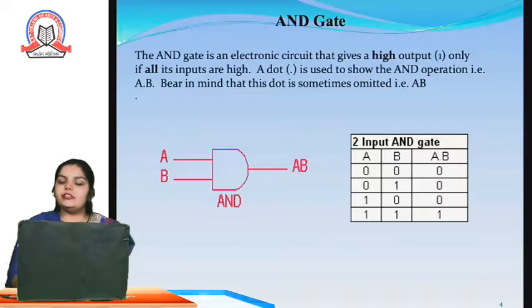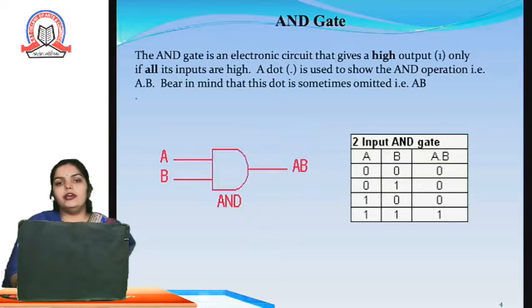So the first gate is the AND gate. The AND gate is an electronic circuit that gives a high output, meaning 1 as an output, only if all the inputs are high.